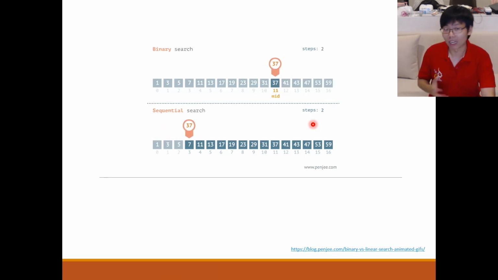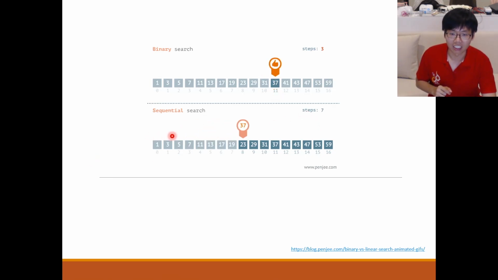However, what is the worst case scenario for binary search? You can take time here thinking about it. This is a solution. Thinking about the worst case scenario, you need to think about the best case of sequential search. What is the fastest searching time for sequential search?